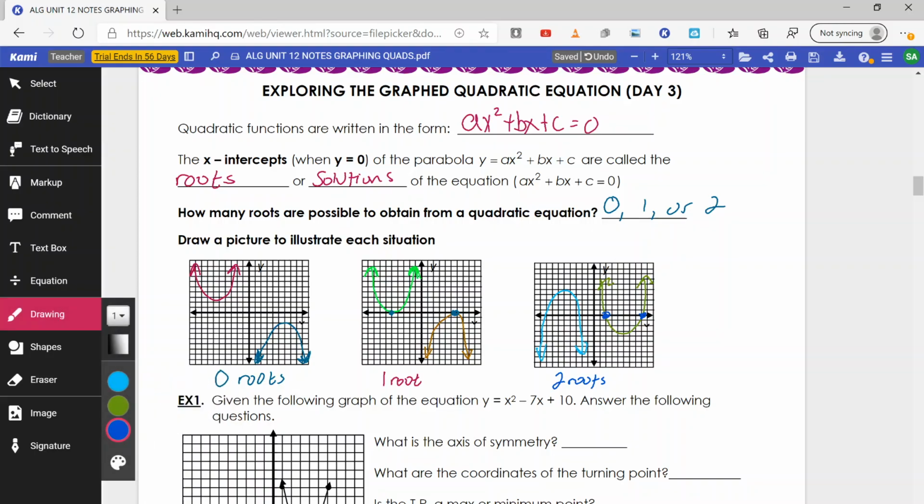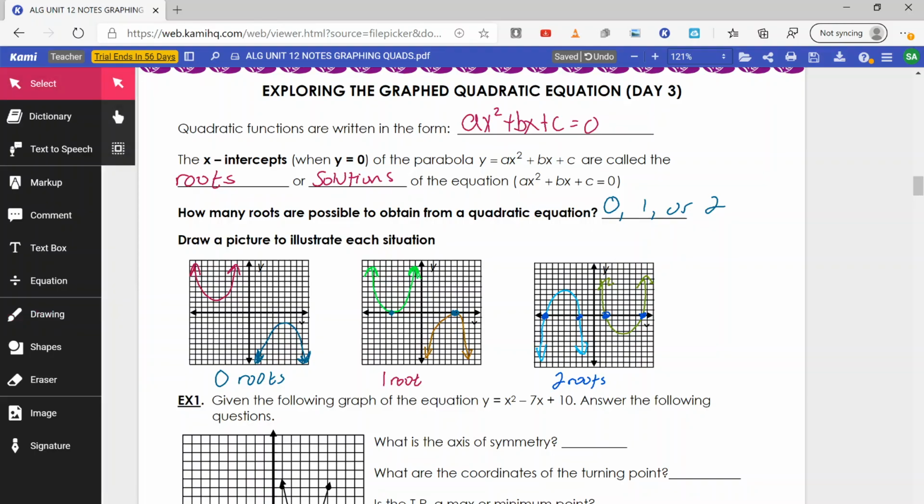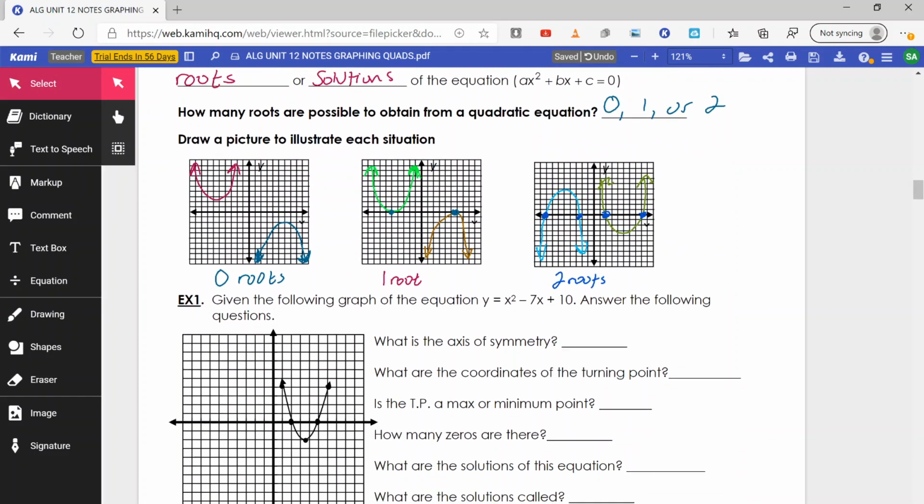So again, two spots, it crosses the x-axis here and there. So again, those are the possible scenarios. If we have a negative x squared, it comes up and then back down through, or if we had a positive x squared, it comes down and then back up through. So that would be two roots.